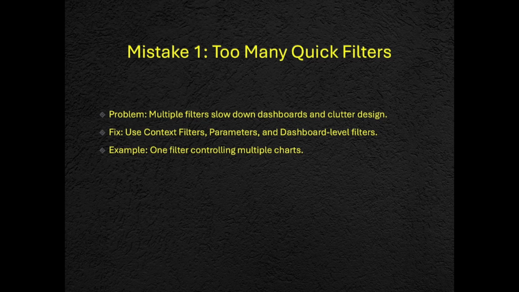It slows down the dashboard as well. So try to use context filters, parameters, and dashboard level filters. It's really easy. You select one filter and you get the filtered results on the whole dashboard. So try to use the context filters and other options.